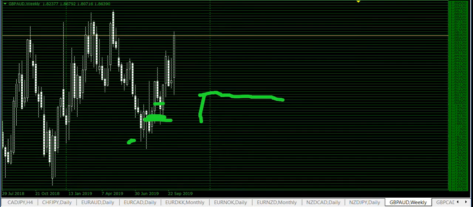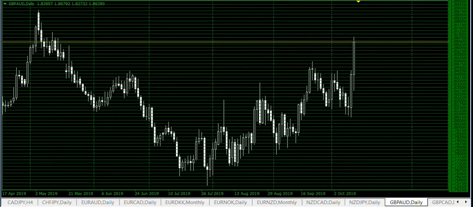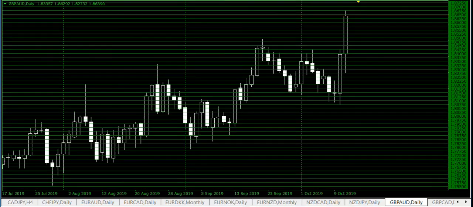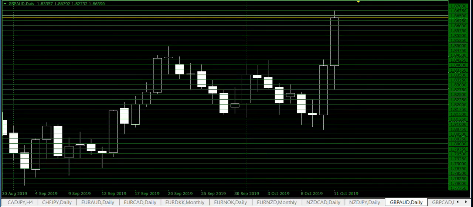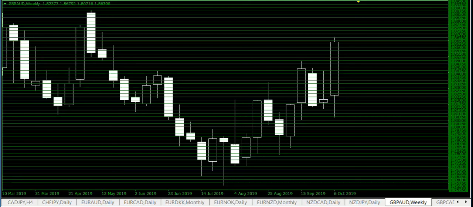Let me put the right pip amount on this thing. Daily. Look at that thing. Oof. How many pips does that cost you to trade this thing? Vicious. The weekly tells it.